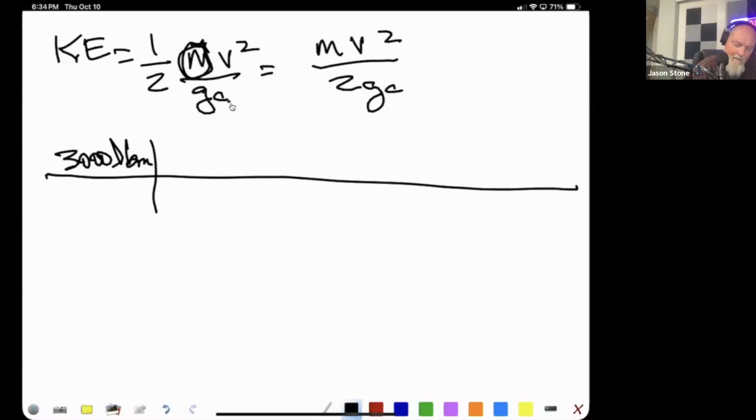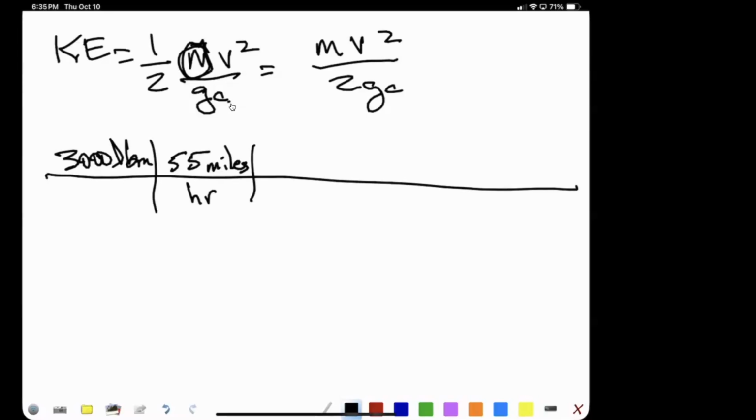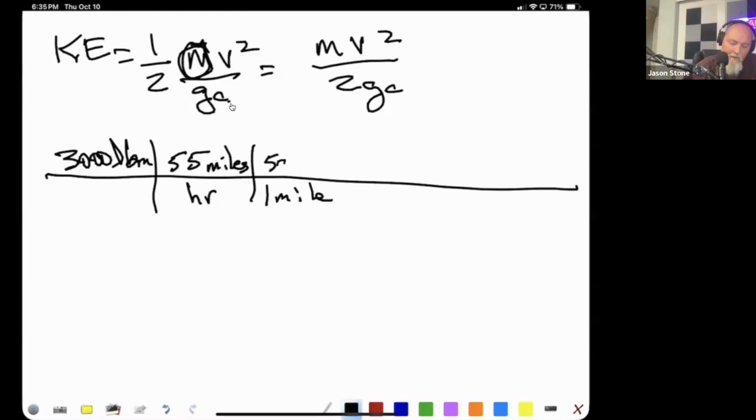So 55 miles in an hour. And we know that we're going to need seconds, right? We're going to need feet per second. So 1 mile is equal to 5,280 feet.